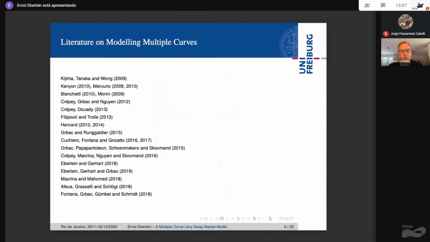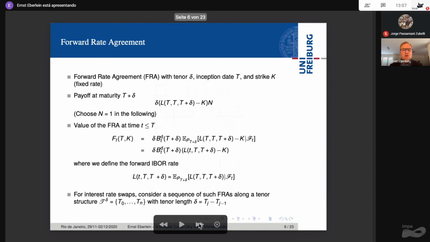The swap market is a very liquid market, so it generates a lot of reliable data. And another reason which I want to mention is that we will later use swaption prices for calibration. And if you use the swap rate as a basic ingredient, then there is a convenient formula where the swap rate goes directly into the pricing formula.